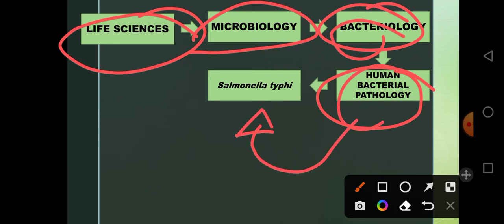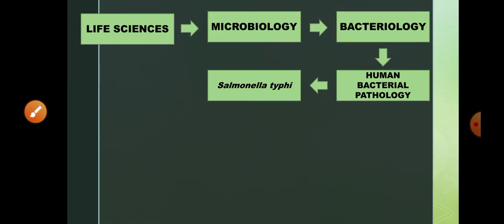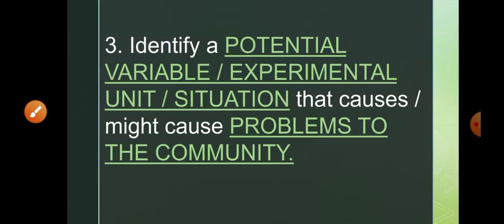identified a potential variable. Therefore, class, our third guideline in identifying our research problem is for you to identify a potential variable, experimental unit, or situation that causes or might cause problems to the community that is related to your discipline of interest. Okay?